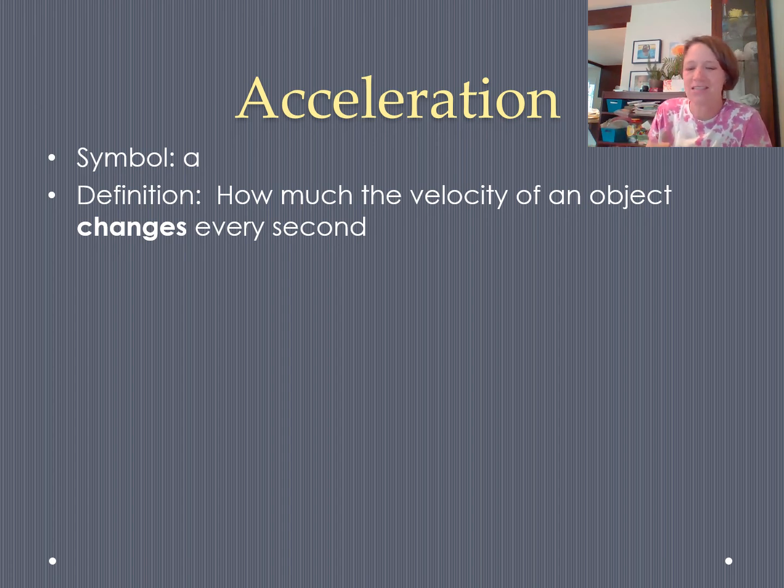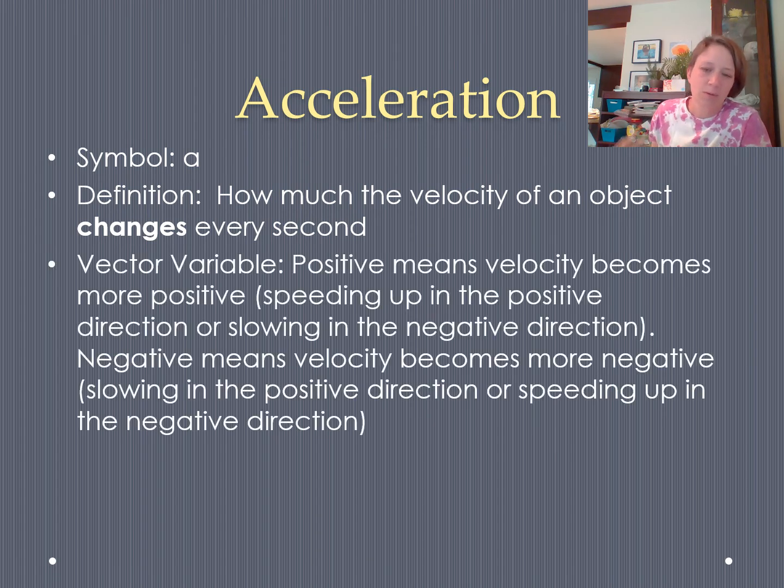You may have had a sense that acceleration meant speeding up or slowing down, and it does, but it's a little bit more specific than that. The challenge is that it is a vector variable, but positive acceleration does not mean we're always speeding up. Positive acceleration means the velocity is becoming more positive.